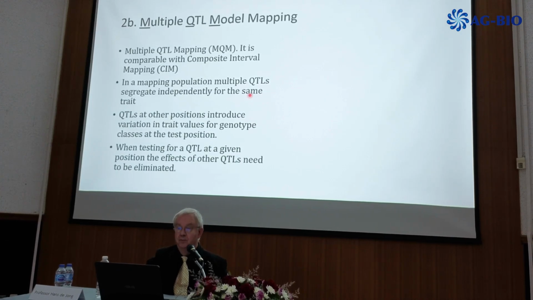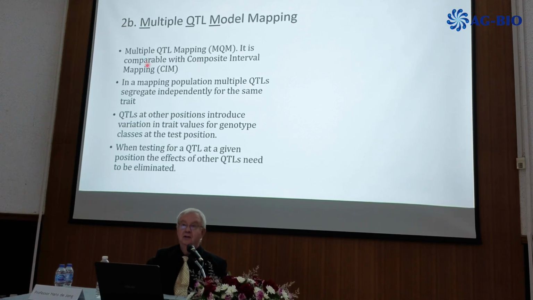But as I also mentioned, keep in mind that you have multiple QTLs that play a role in the same experiment. So we need a multiple QTL model mapping. And what is it? It is a composite interval mapping. It's more or less the same. In the mathematical computation, it is slightly different.